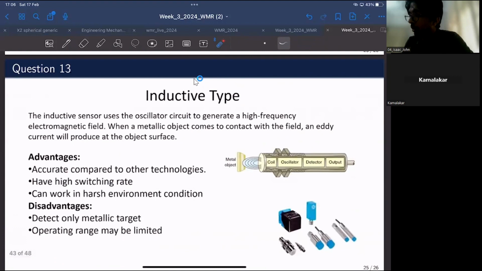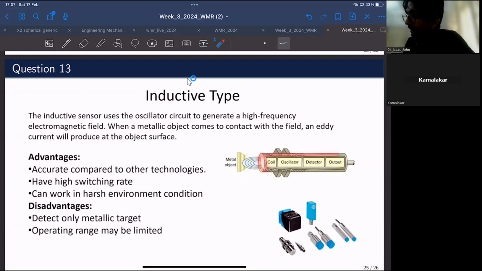Basically, when an inductive sensor comes in close proximity with a metal object, due to the influence of this metal object, it will create some eddy currents, due to the interaction between the magnetic field of this inductive proximity sensor and the metal object.